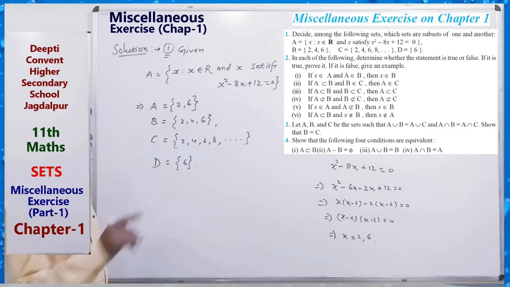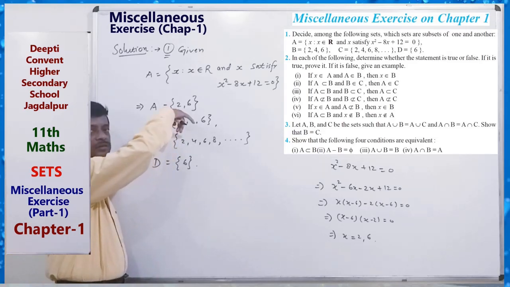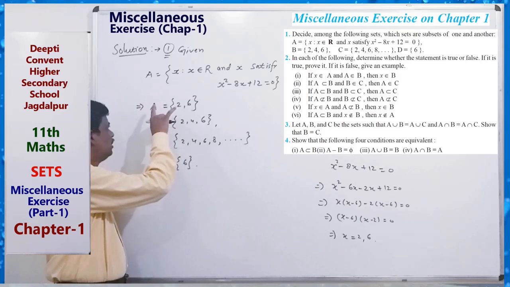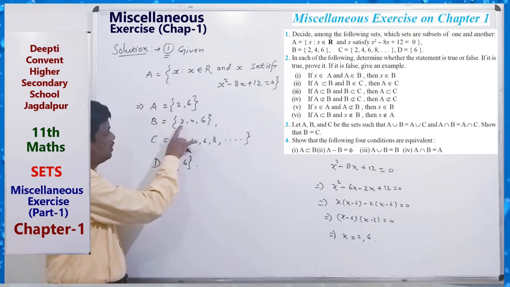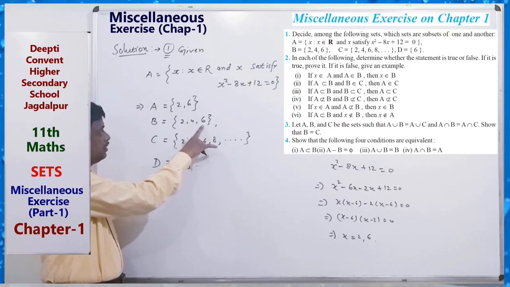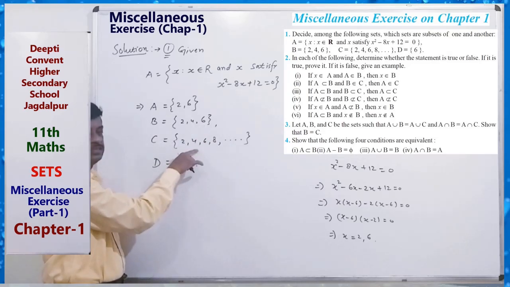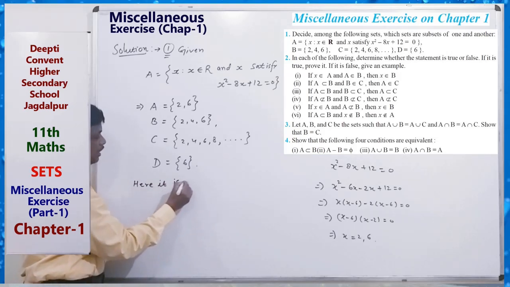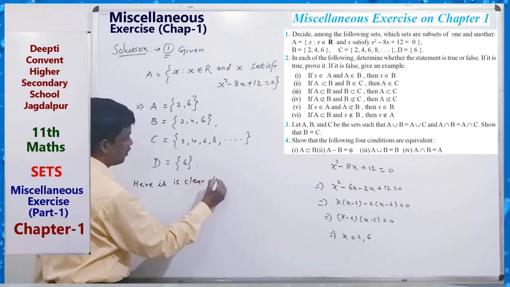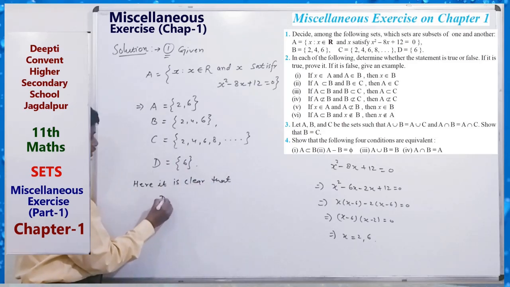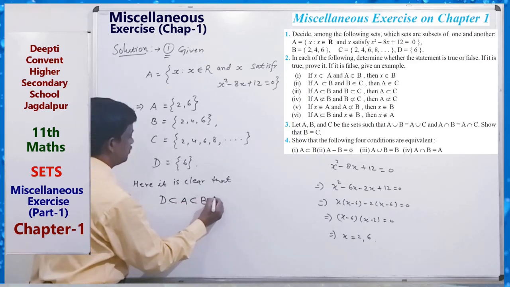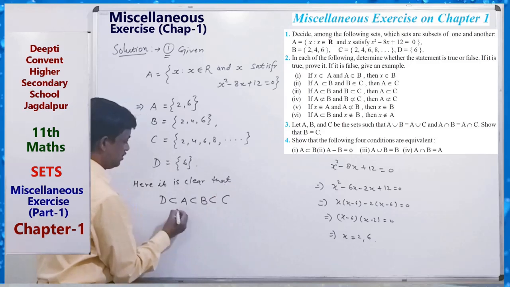From here it is clear that D is a subset of A, which is 2, 6, and A is a subset of B because there is 2, 6, and 2, 4, 6 is a subset of C. So from here it is clear that D subset A subset B subset C.